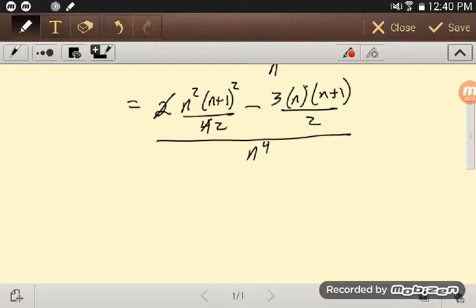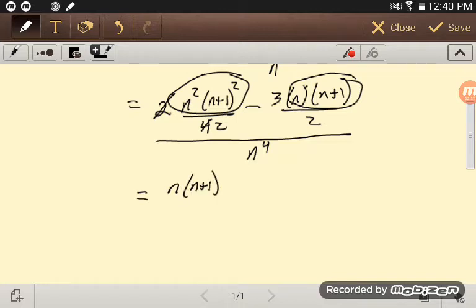And then here, notice I have an n times n plus 1, and here I have an n times n plus 1, that whole thing squared. So I can take out n times n plus 1. And what I'm left with, I've got the 2, and I've got the n to the fourth, and I took out an n times n plus 1, so I'm left with n times n plus 1.